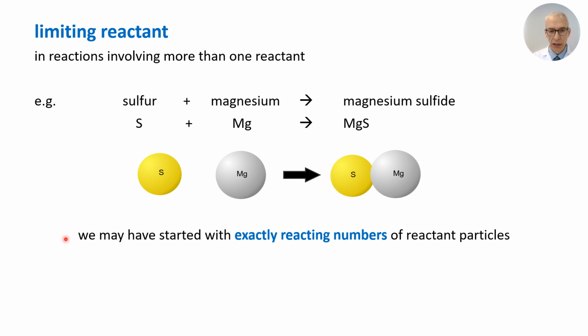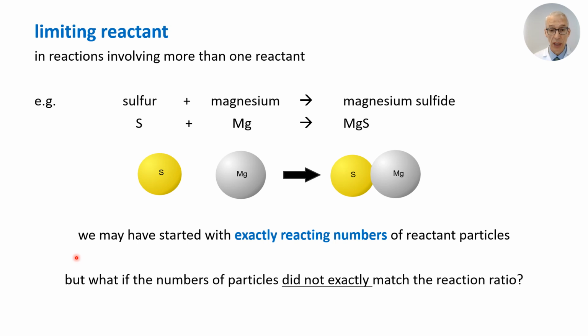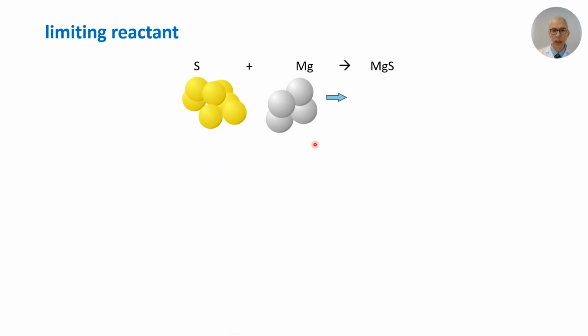In any test tube reaction, we may have started with exactly reacting numbers of reactant particles. But what if the numbers of particles did not exactly match the reaction ratio? Let's imagine that we start with 4 magnesium atoms and 7 sulfur atoms.